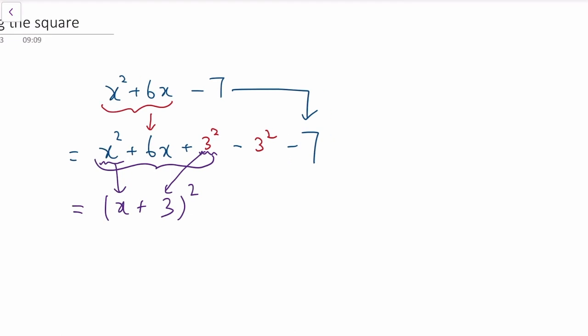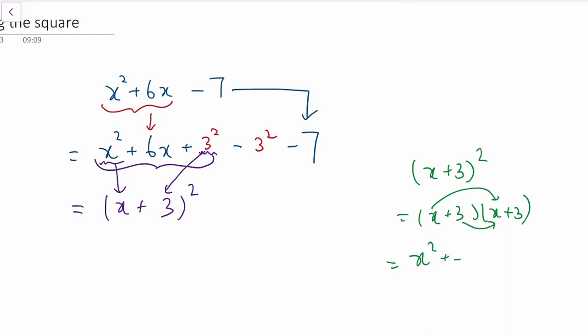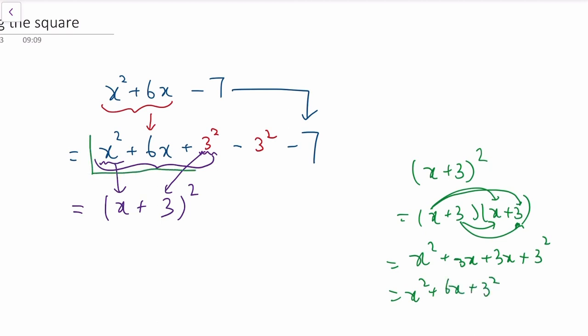Now this is true simply because if you expand x plus 3 whole squared, then it's x plus 3 times x plus 3. Then you have x times x is x squared, then 3 times x is 3x, and then x times 3 is also 3x, and then 3 times 3 is 3 squared, and so it becomes x squared plus 6x plus 3 squared, which is what we had on top. So it turns out this always works.